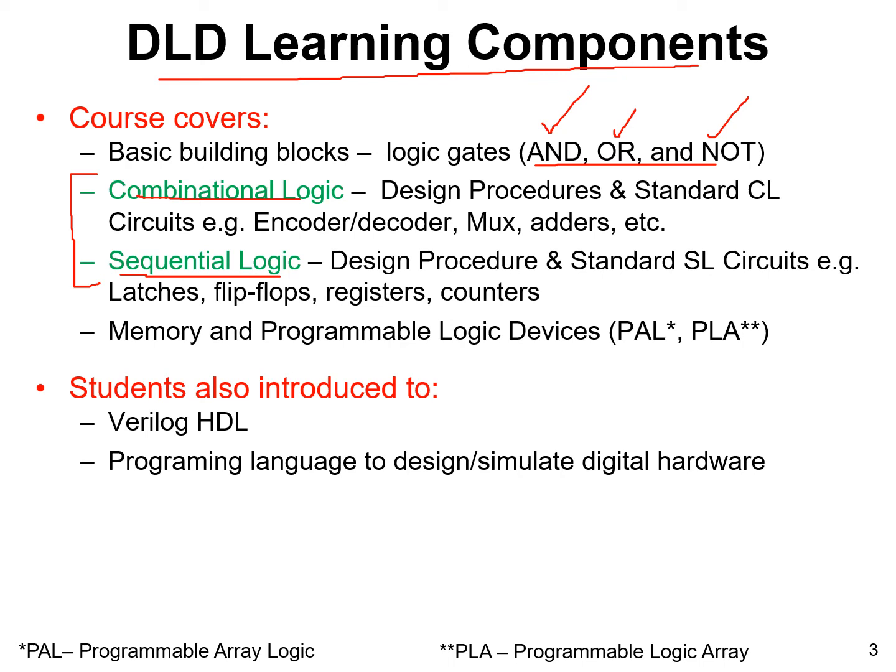It means the logic elements used in combinational logic circuits cannot retain the logic, cannot memorize. Whereas in a sequential circuit, we have memory elements and it can retain and store the logic.